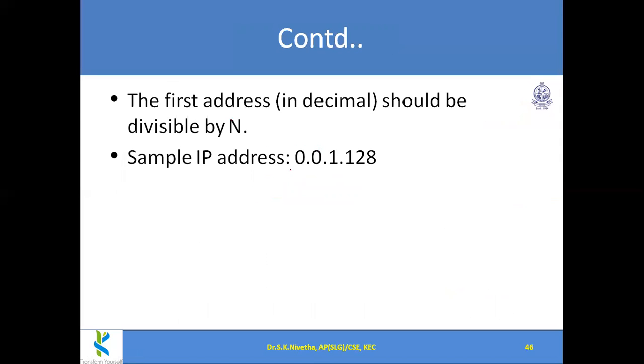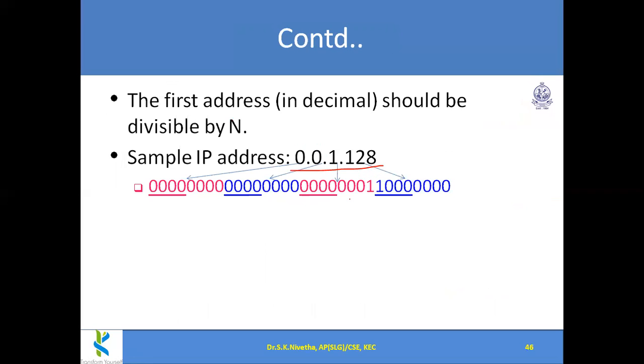First address. If I take a sample address like this, I should convert each part into binary, then take the total decimal value. So this is 128, and after 128, this will be 256, plus 128. So that value I should take. 256 plus 128 becomes 384.